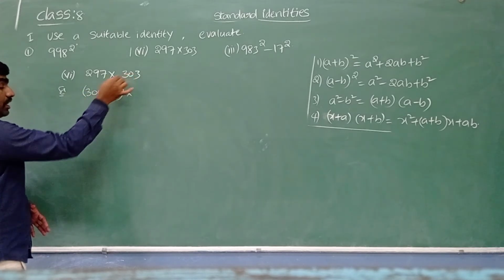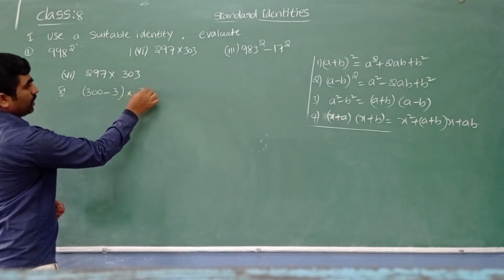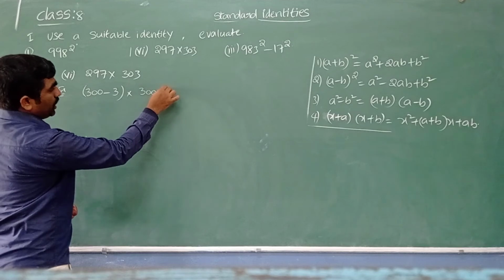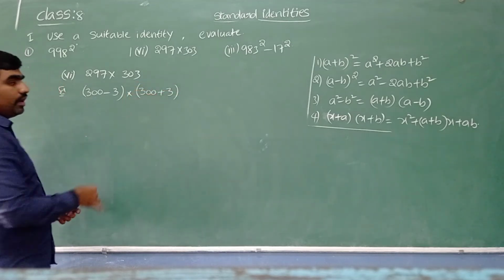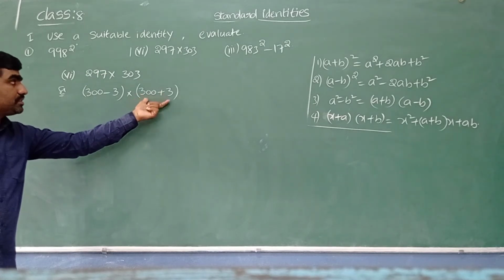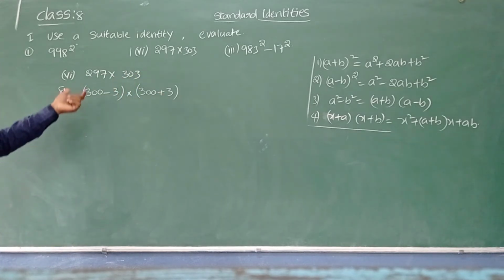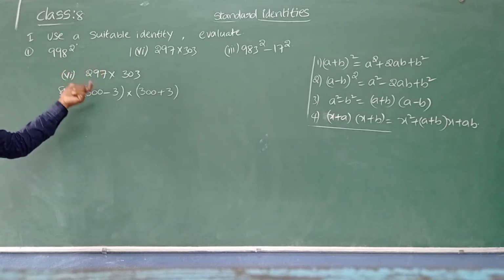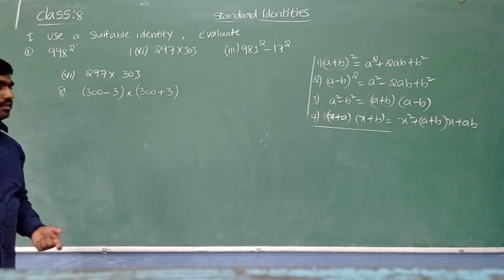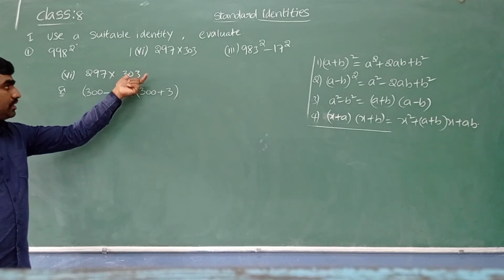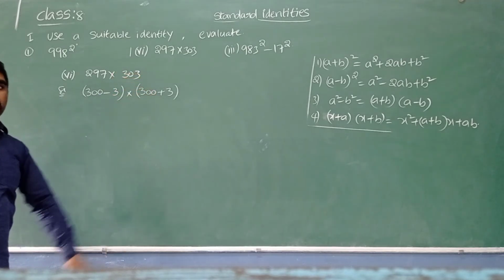Even 303 is also near to 300. Now to get 303 from 300, we need to add 3. 300 minus 3 is 297. 300 plus 3 is 303. 297 is near to 300; to get 297 from 300, we need to subtract 3. Similarly, 303 is near to 300; to get 303 from 300 we need to add 3.